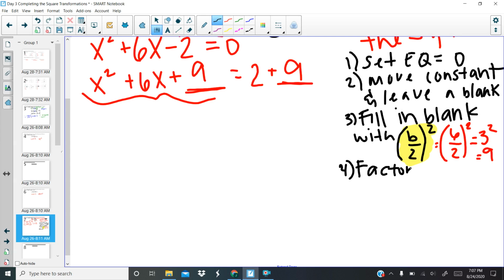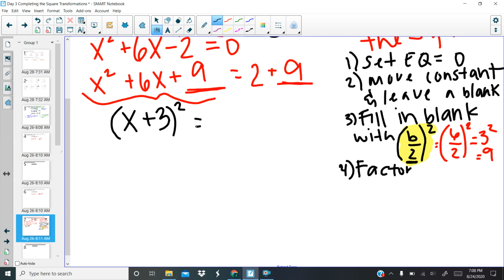So typical rule is the thing for your factor, so your x plus a number, whatever this b divided by 2 thing was, whatever it was before you squared it, that's always going to be the number in your factor. So in this case, b divided by 2, so 6 divided by 2, that was 3. So you're going to have x plus 3, and then it's going to be squared.